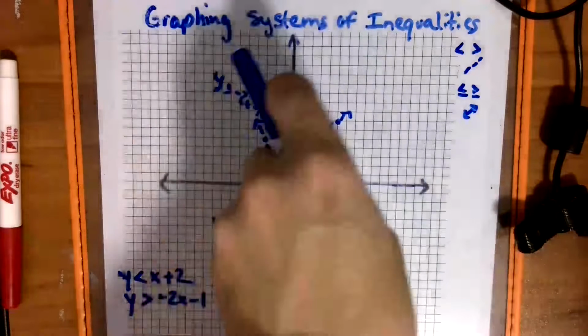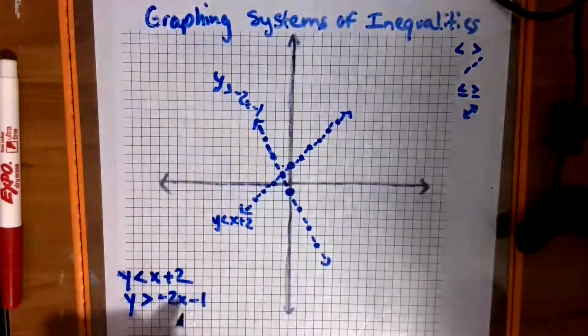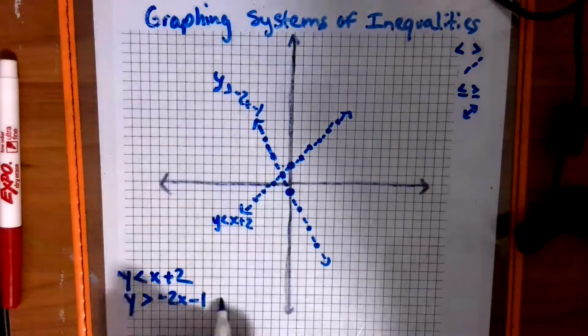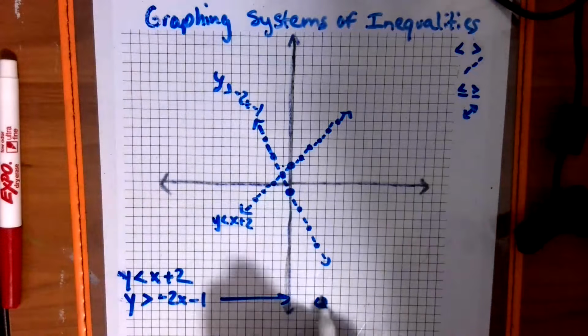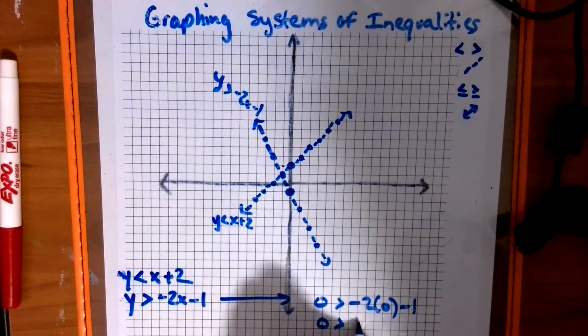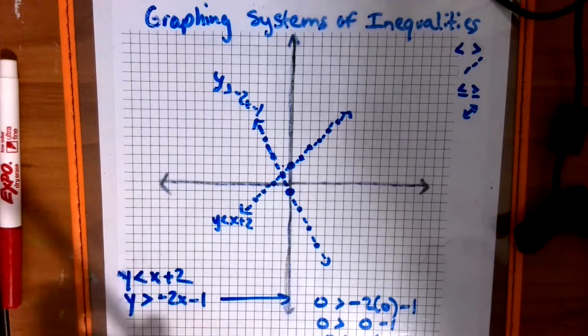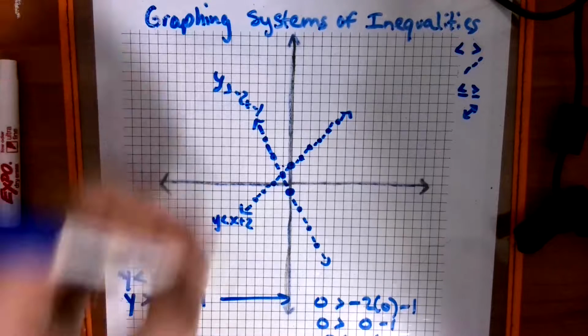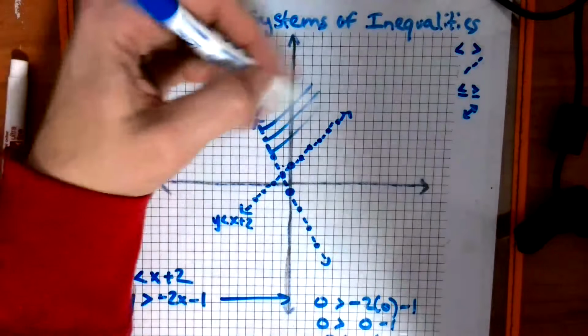If 0, 0 doesn't work, we shade down on this one. So over here, we're going 0 greater than negative 2 times 0 minus 1. 0 greater than 0 minus 1 is 0 greater than a negative 1. That is yes. So that means we have to take the line and shade above it.